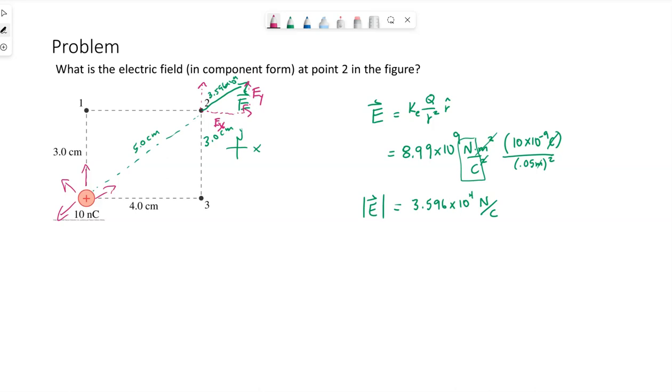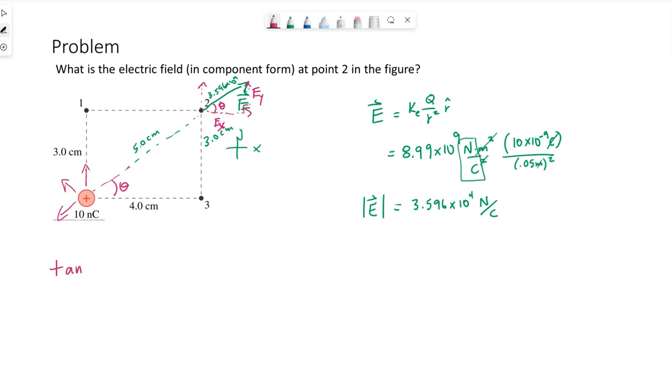Okay, to do that, I need to think about this angle right here. That angle is the same, let me draw, as the angle down here. That means I can figure out this angle from the dimensions of the rectangle.